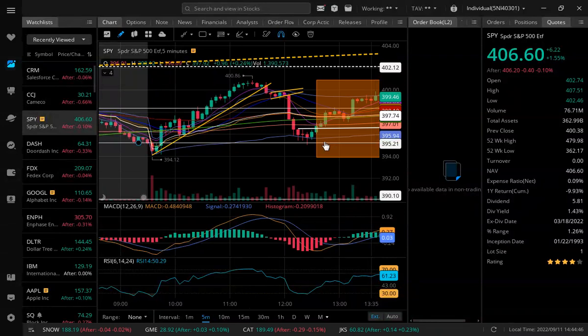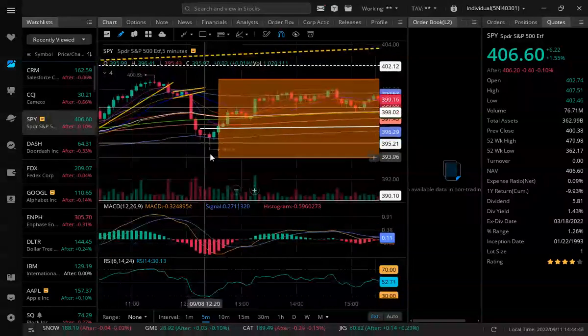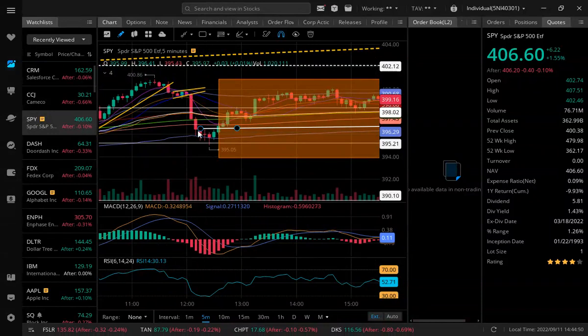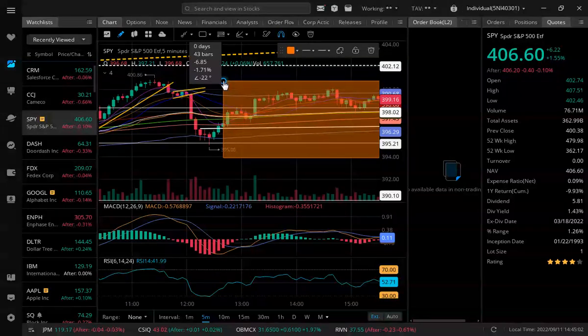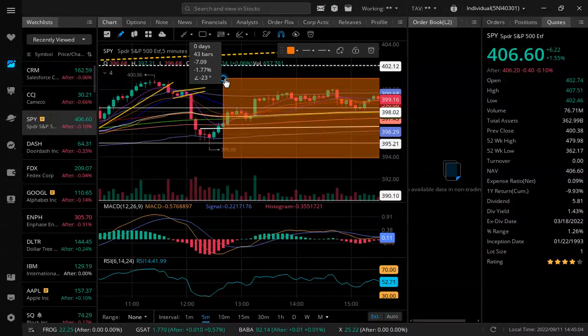All right, so now we want to wait for it to break this high of this consolidation. So within this candle, that was our call entry right there. Could have taken that. So that's 3 out of 4 calls. Now we got one more call entry.